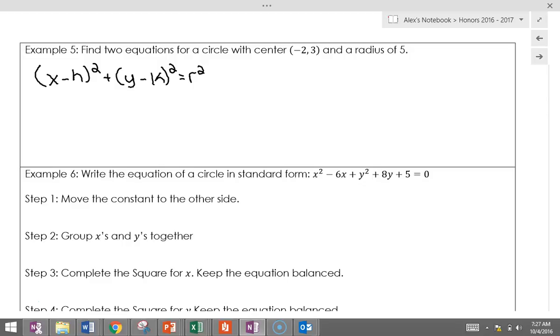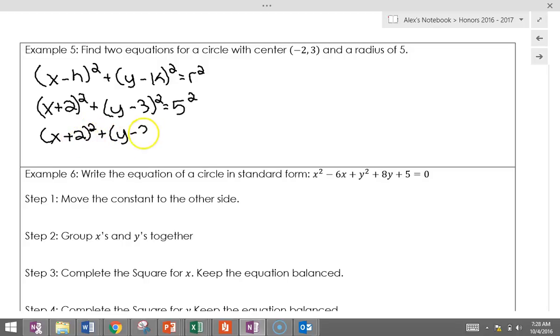So here I really switch the sign. So this is (x plus 2) squared plus (y minus 3) squared equals 5 squared, or (x plus 2) squared plus (y minus 3) squared equals 25.